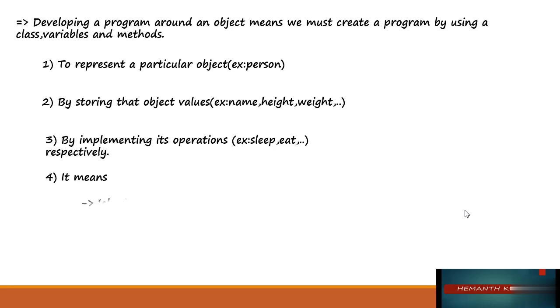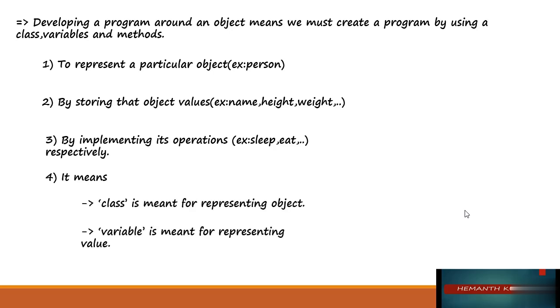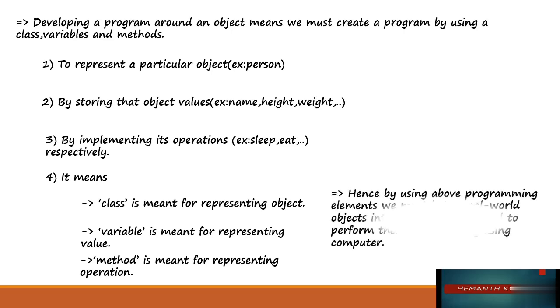It means a class is meant for representing an object, a variable is meant for representing a value, and a method is meant for representing an operation. Hence, by using the above programming elements, we bring real-world objects into the programming world to perform their operations by using a computer.